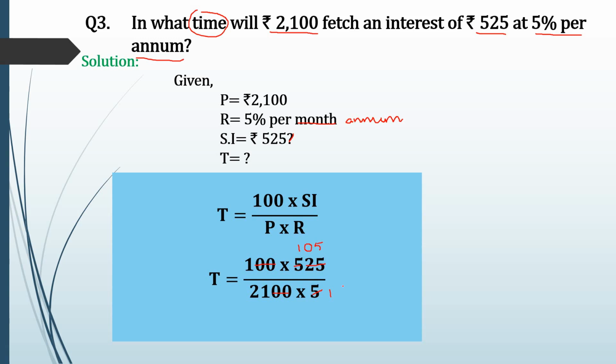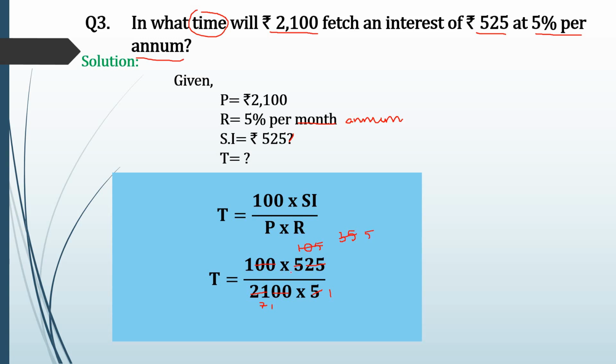Okay, and now we'll solve this. Now we can do this by 3 if you are not comfortable with 7. So 3 sevens are 21, 3 threes are 9, 1 will be carried. So 3 fives are 15. Now here again 7 ones are 7 and 7 fives are 35.